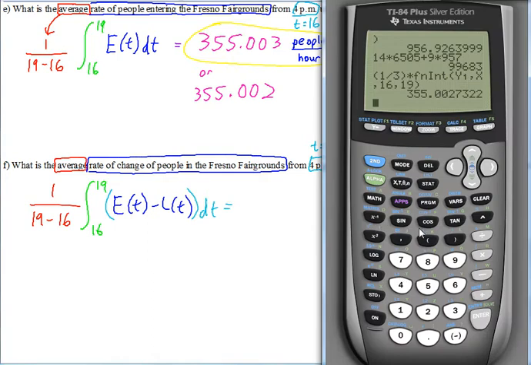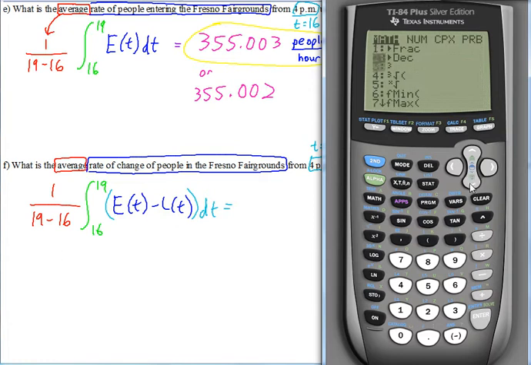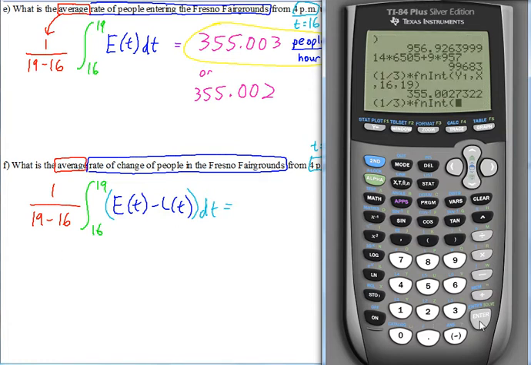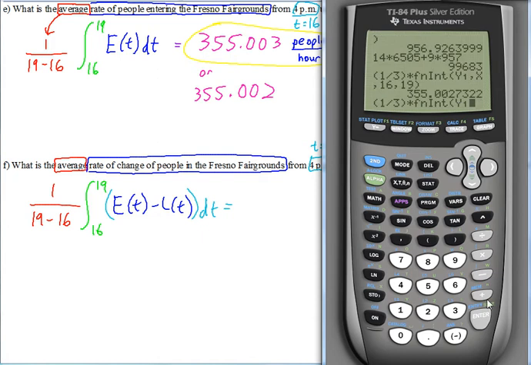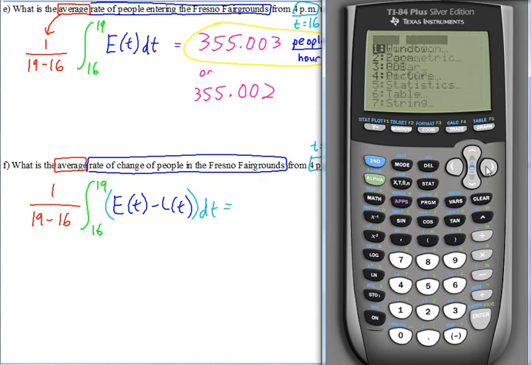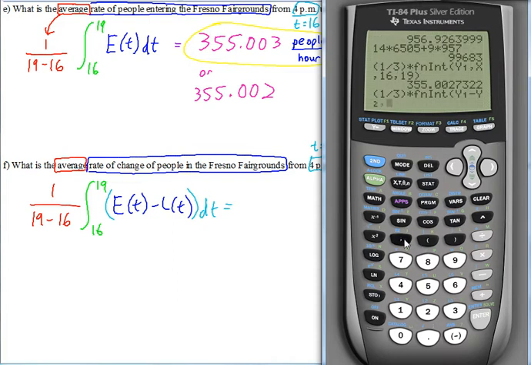On this one, you'd still have 1/3 out in front, times math, function integrate. This time it's E of t minus L of t inside of our integral, so it'd be y1 minus y2, comma, the variable's x, comma, the lower limit's 16, comma, the upper limit's 19.